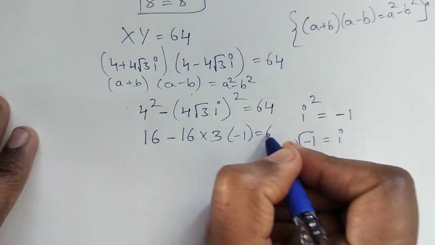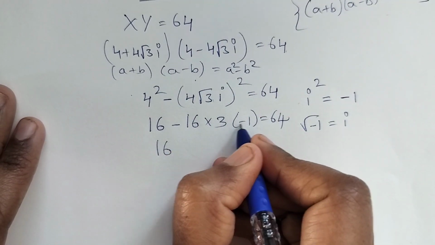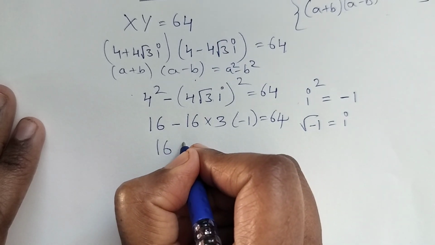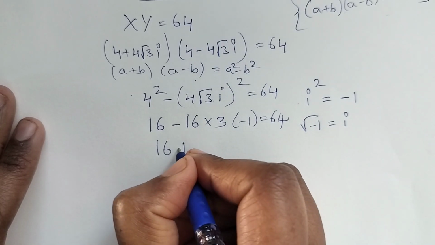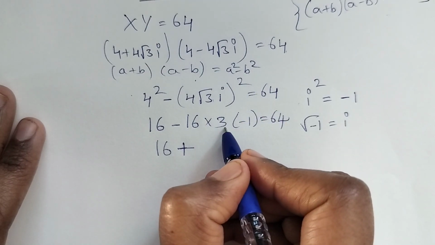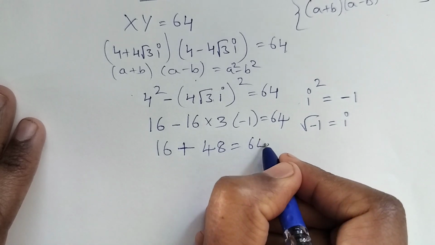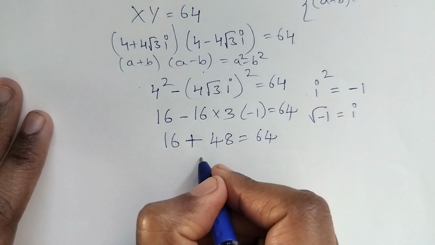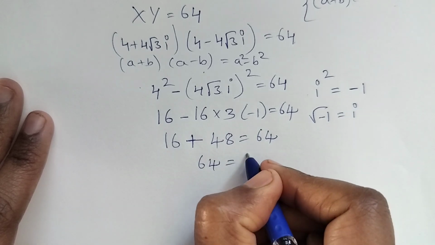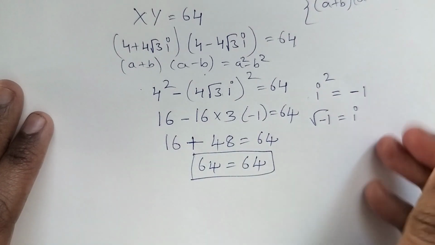So 16, minus minus becomes positive, so 16 times 3 which is equal to 48. So 16 plus 48 is equal to 64, which equals 64. So this is also satisfied with these values.